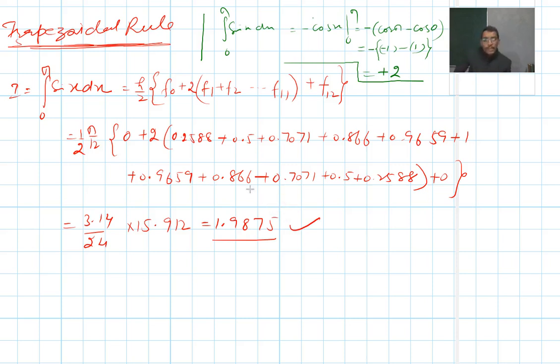Now we will try to find the same integral using Simpson's 1/3 rule. So let us try to do that. So now I will use Simpson's 1/3 rule to find the same integral.